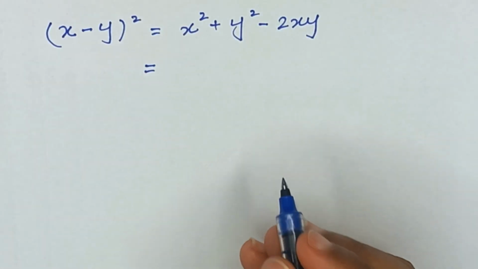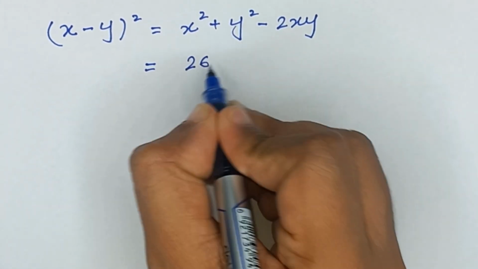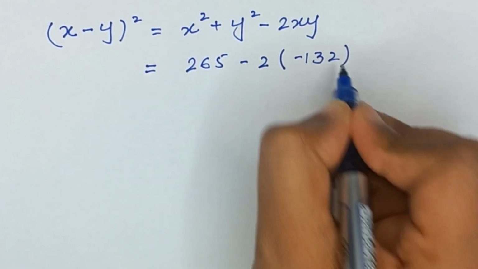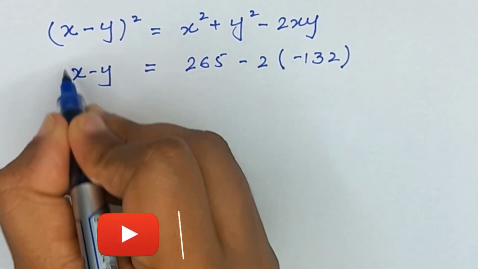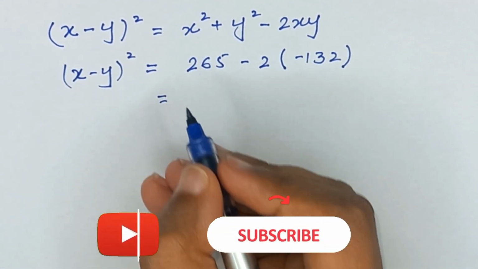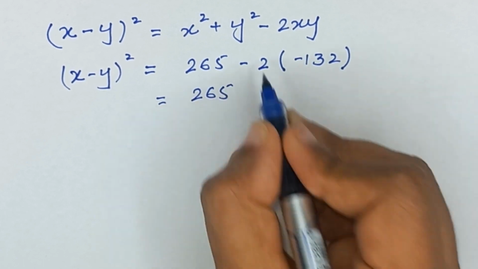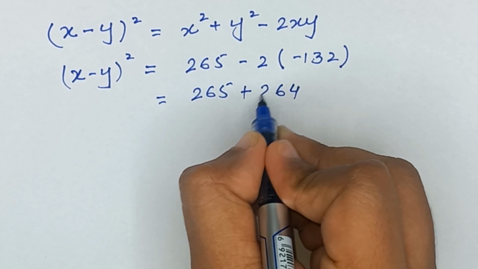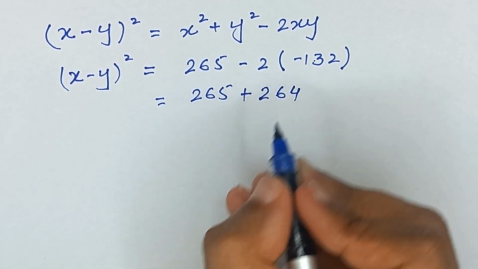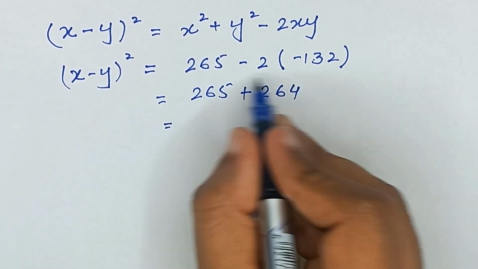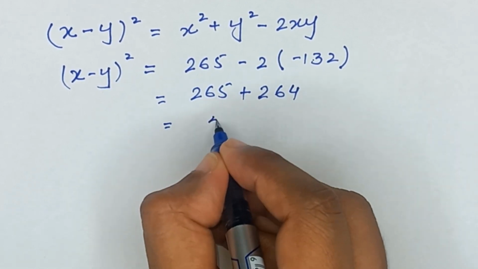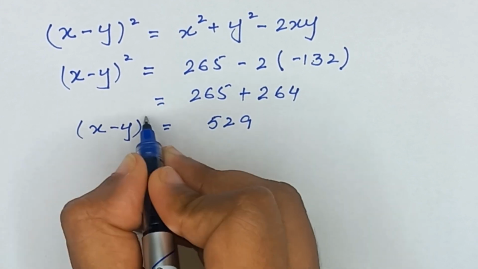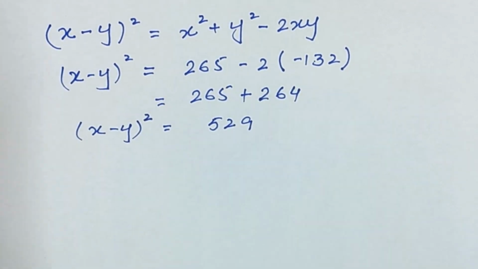So I will substitute here 265 − 2 times −132. So (x − y)² will be equal to 265, minus minus will be plus, so it will be 264. When we add them, it will become 529. So (x − y)² is equal to 529.